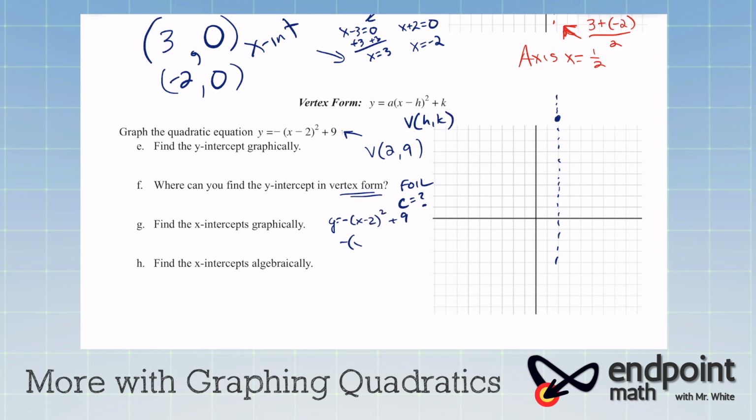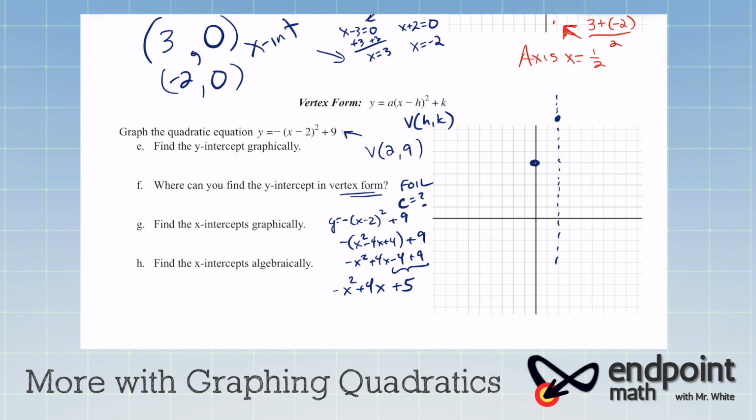That's negative x squared minus 4x plus 4 plus 9. That's negative x squared plus 4x minus 4 plus 9. And then I combine these two and I get 5. Aha! That's my c value.